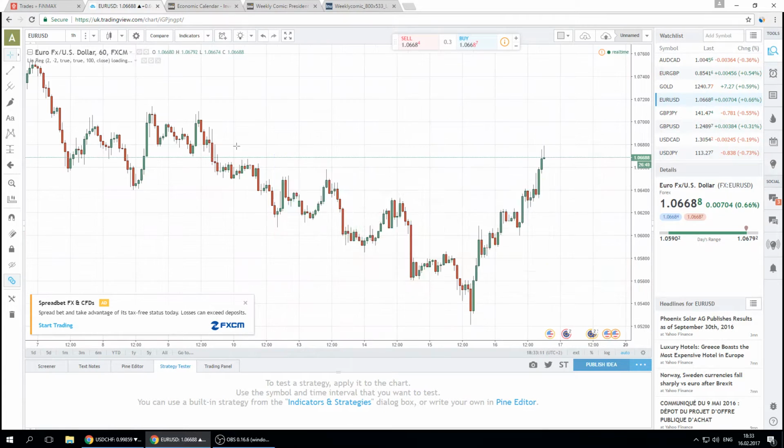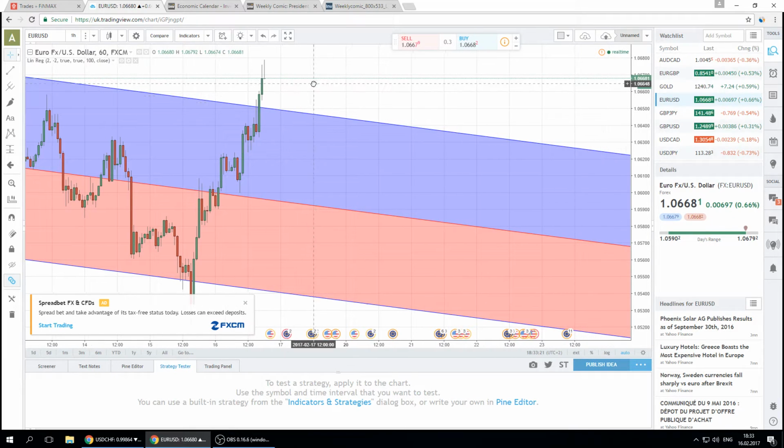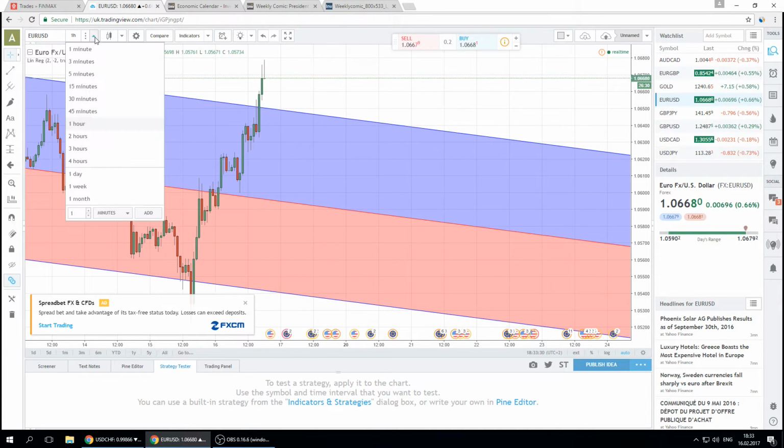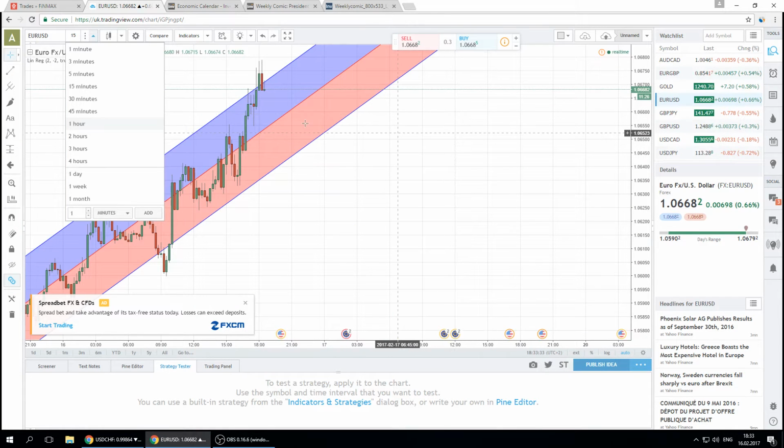Let's switch to the 1 hour chart. You see that it has broken through the upper line of the trend. And it also can tell us that that's a pretty good situation to enter the trade on Euro. So let's switch to 15 minutes again.